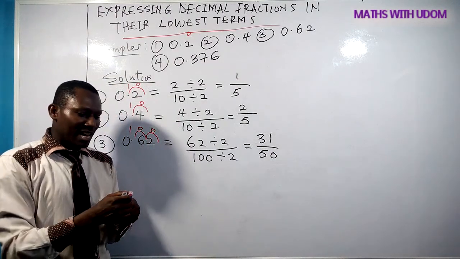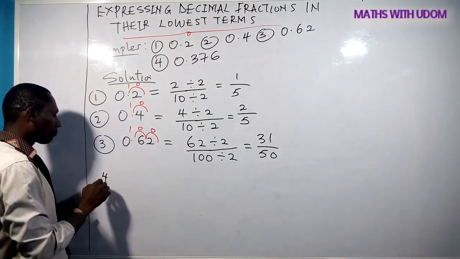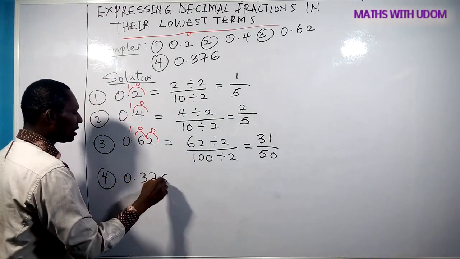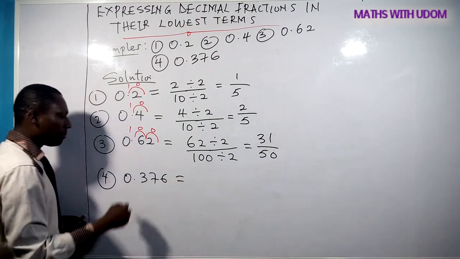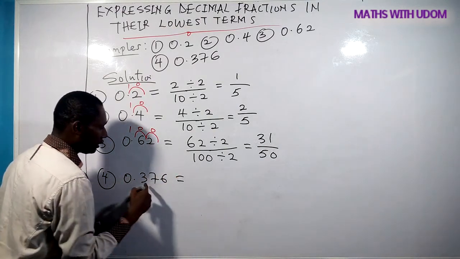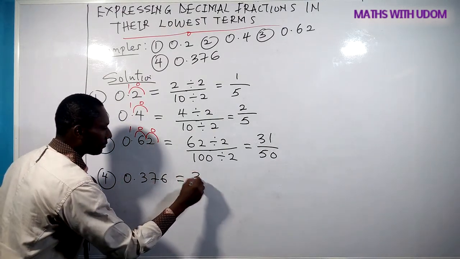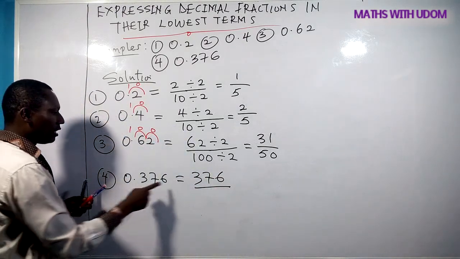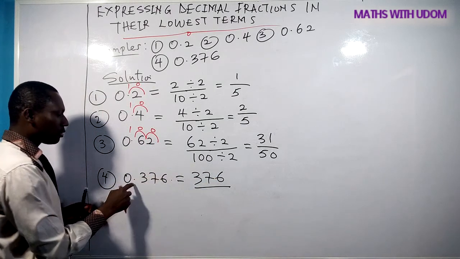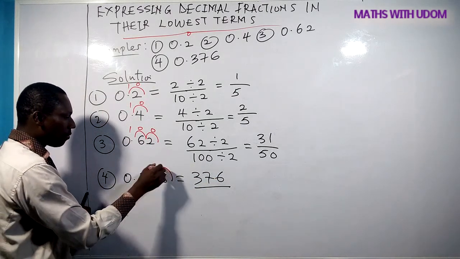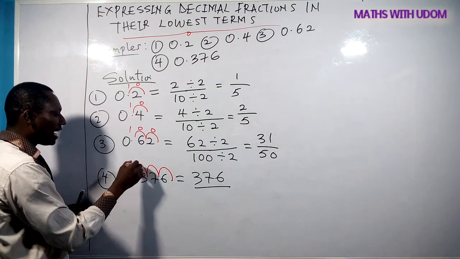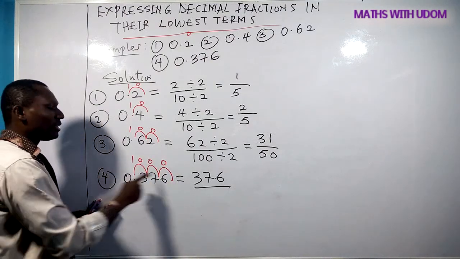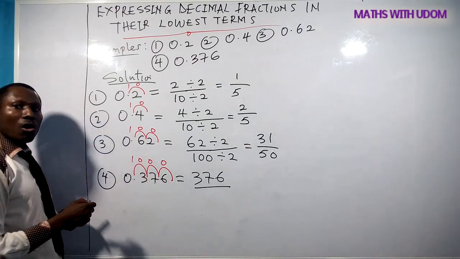Now let's have the last example, number 4. We have 0.376, which can be rewritten as 376 divided by, so let's go the way we have been doing it. From the front of 6, let's move backwards until we reach the decimal point. Let's go 1, 2, and 3. So we have 3 zeros. You put a 1 there. That gives me 376 divided by 1000.